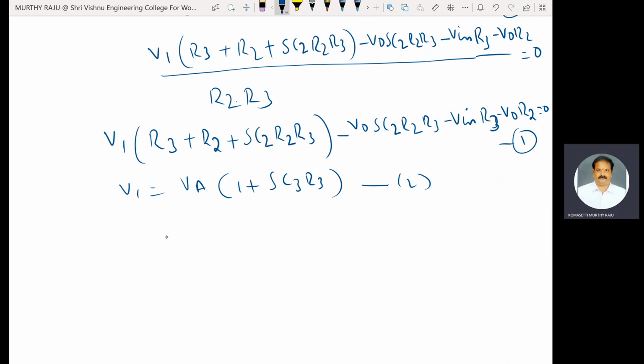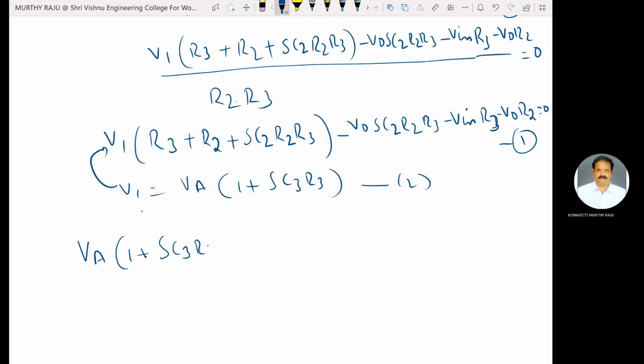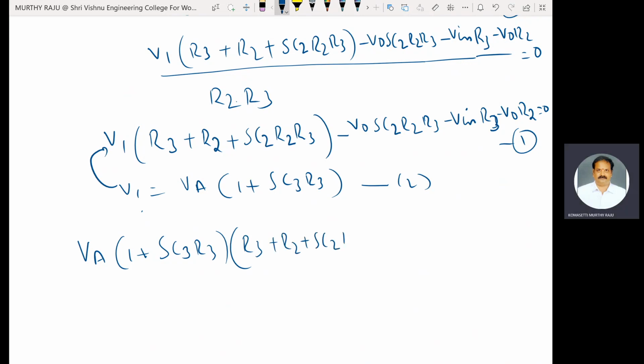This is equation 1, this is the equation obtained. Now substitute V1 in that expression: VA replaces V1, VA into 1 plus S C3 R3 into R3 plus R2 plus S C2 R2 R3, minus V0 and so on.